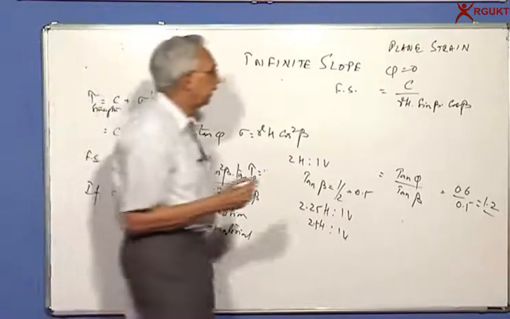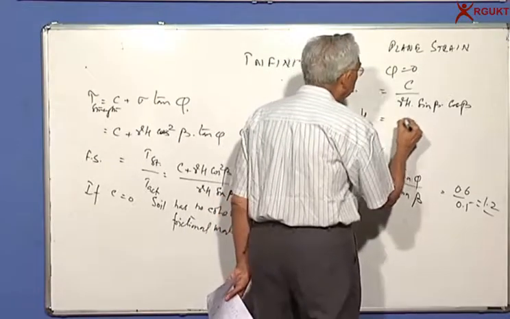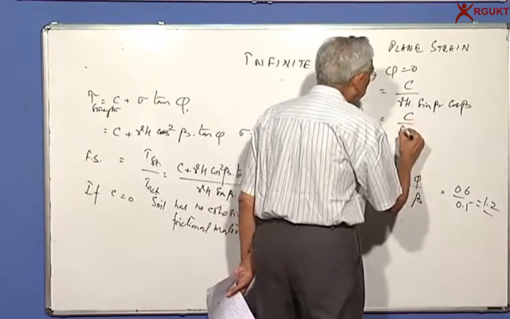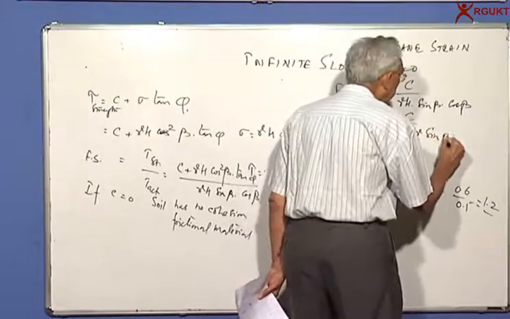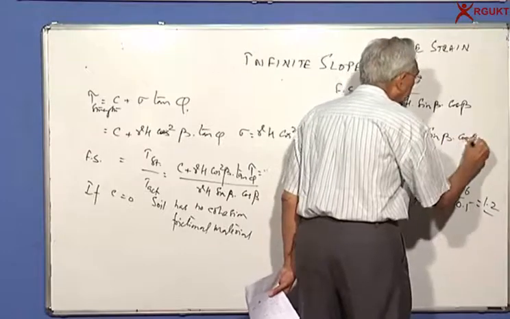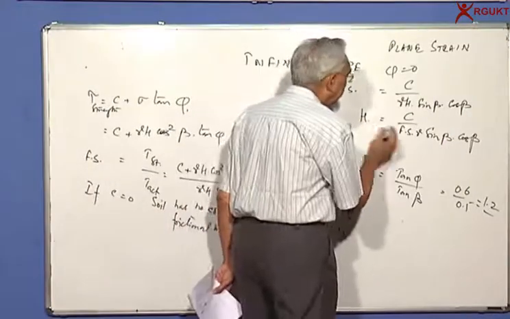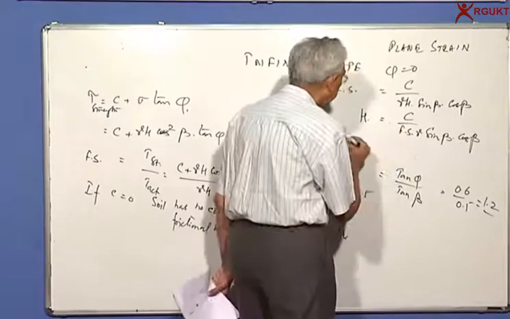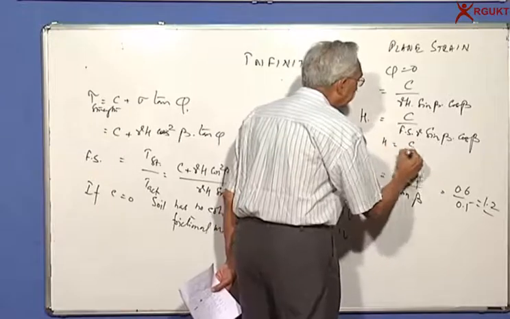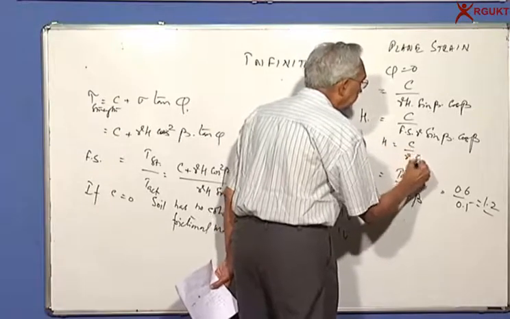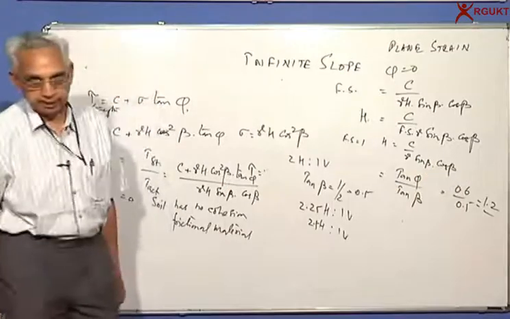You can also write it in a slightly different way: h is equal to C by Fs into gamma sine beta cos beta. So I know this will be the critical height, or the height corresponding to a given factor of safety. If factor of safety is equal to 1, h is equal to C by gamma sine beta cos beta. So we can work it out.